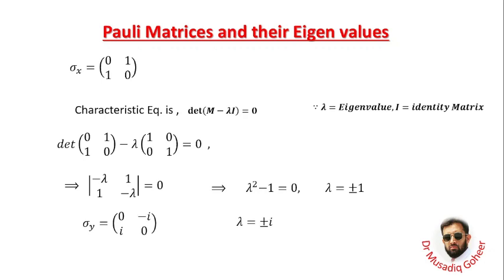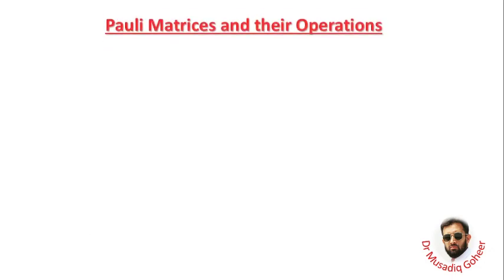Similarly, in this way you can calculate the eigenvalues of sigma y, which are plus minus iota, and sigma z, which are plus minus 1. Now here you can see that a very simple method is used to determine the eigenvalues of Pauli matrices. Now let's move on to the next slide.